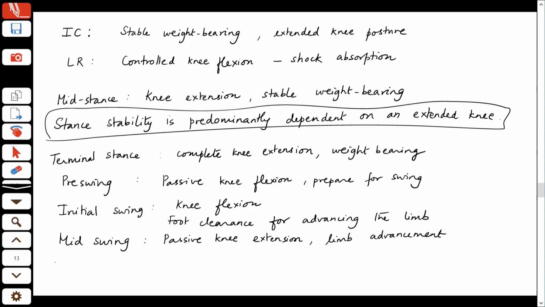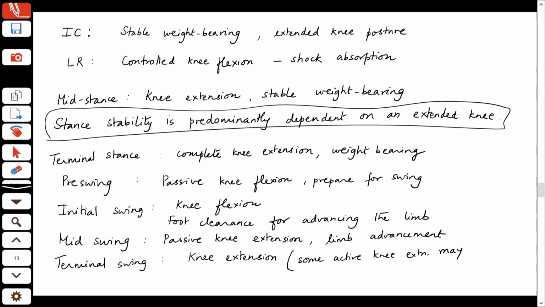And in terminal swing, you have knee extension, and now you may actually need active knee extension. Some active knee extension may be required. Why? Because if you want to prepare the limb for the next stance phase, then the knee has to be in fully extended position when you hit the ground.